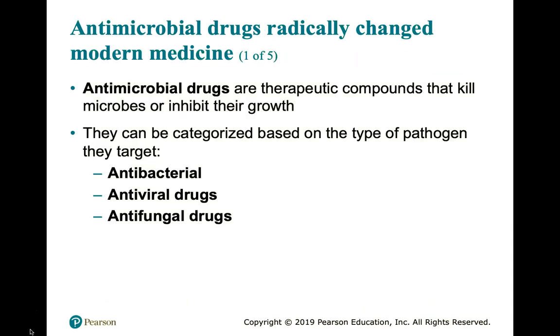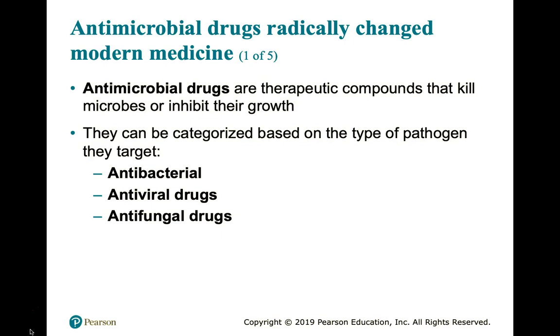Antimicrobial drugs are basically compounds that kill or inhibit the growth of bacteria, if you're looking at an antibiotic. If you're looking at an antiviral or an antifungal, it'll suppress viral or fungal growth or kill it.